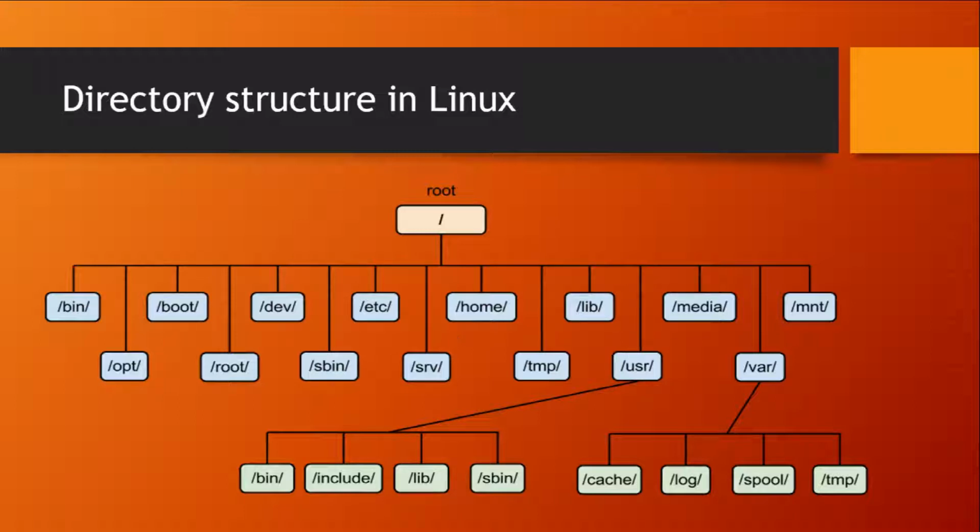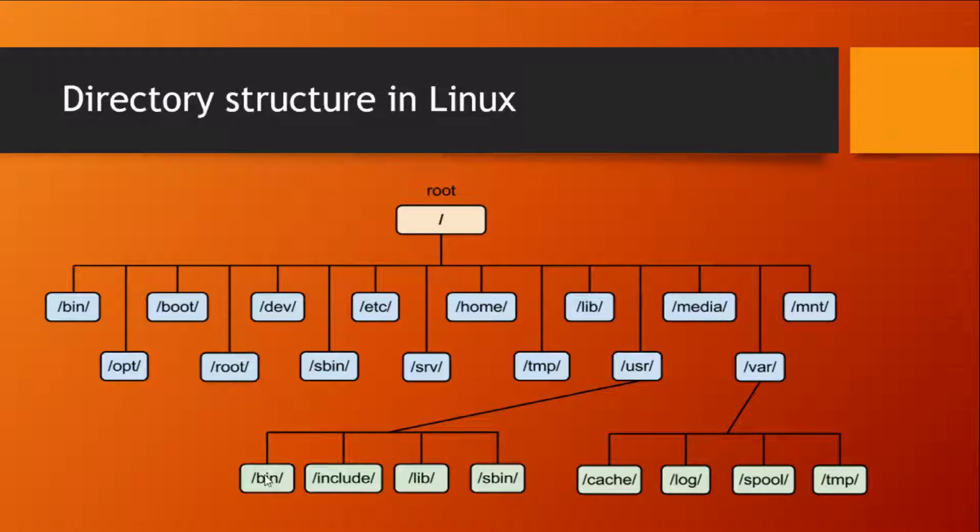Next is USR, and USR contains binaries, libraries, and documentation for second level programs. So basically all the programs, for example anything you might want to install like a nano text editor or anything else, gets installed under USR, and USR contains all the system-wide read-only files.